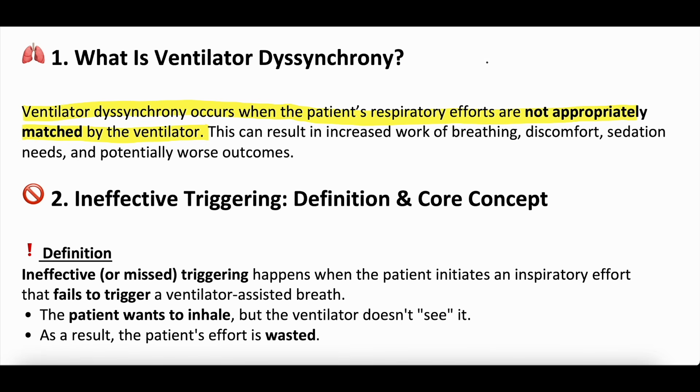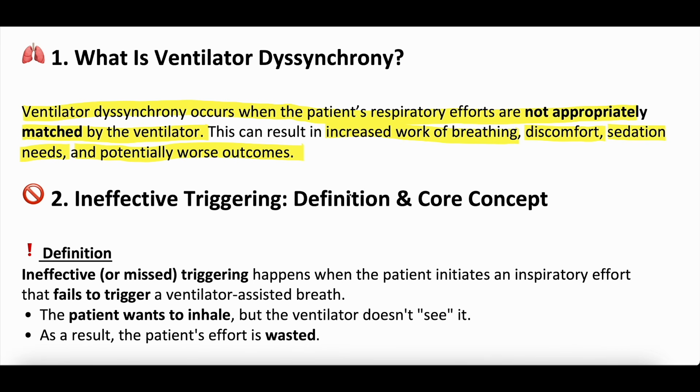And the way in which it's providing that breath may not be how the patient wants to receive that breath, whether it's because of pressure or volume or flow of that breath, which can sometimes cause issues. So this can result in increased work of breathing, patient discomfort, sedation needs, because sometimes folks sedate patients to make them more synchronous, and then potentially worse outcomes too. All these things can lead to prolonged ventilatory times or even ventilator-induced lung injury, all that kind of stuff.